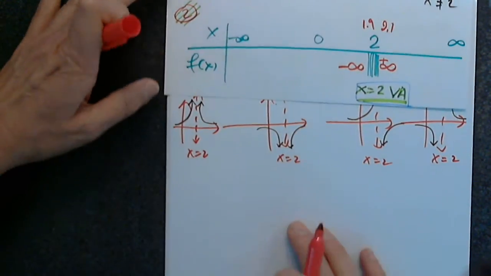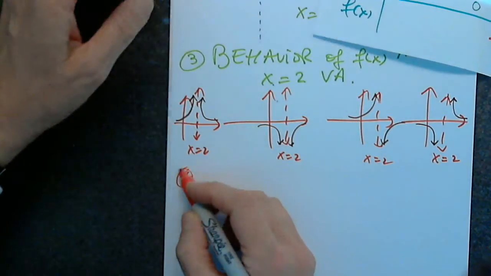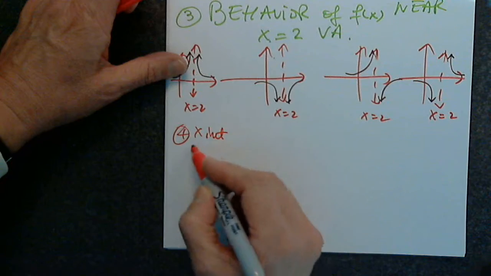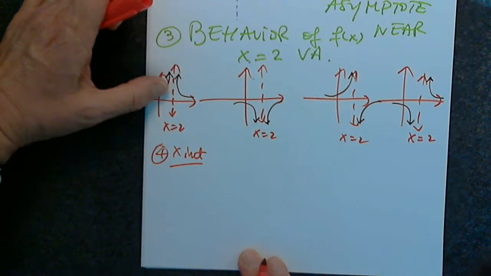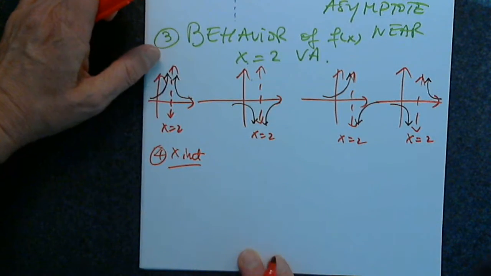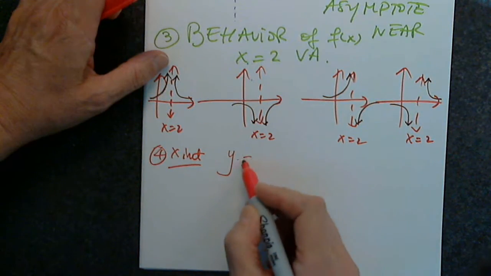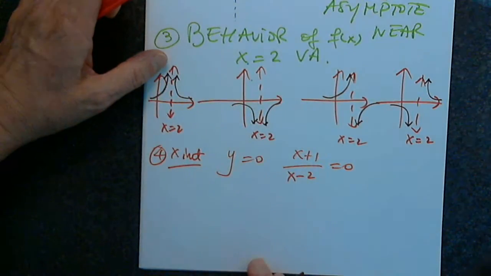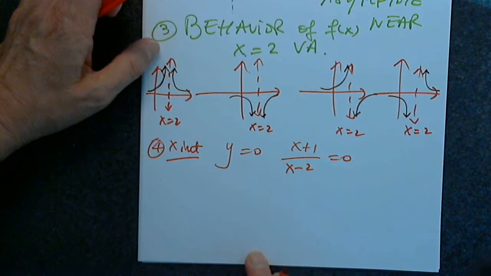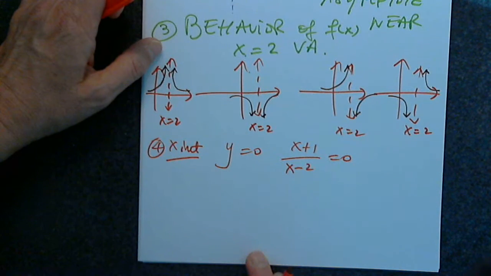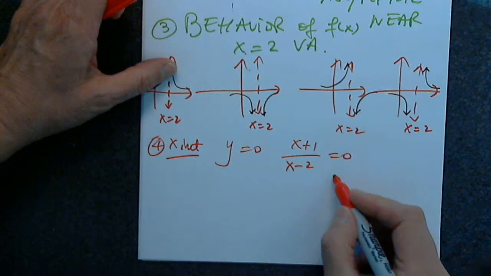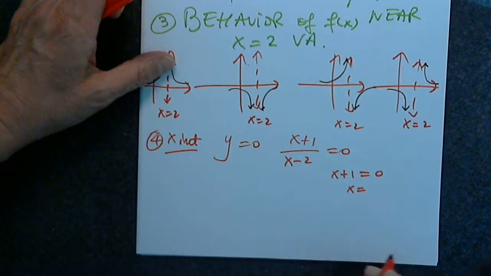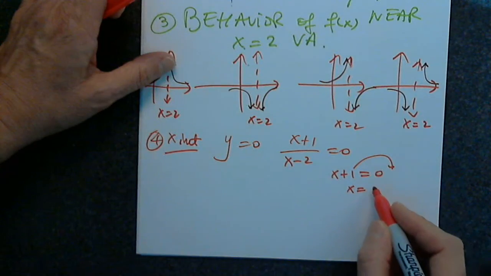Next step, number 4, x-intercepts. How do I get the x-intercept for any function? Set y to 0, which is x plus 1 over x minus 2 equals 0. When is the fraction 0? If the top is 0. Exactly, only when x plus 1 is 0, which means x equals negative 1.